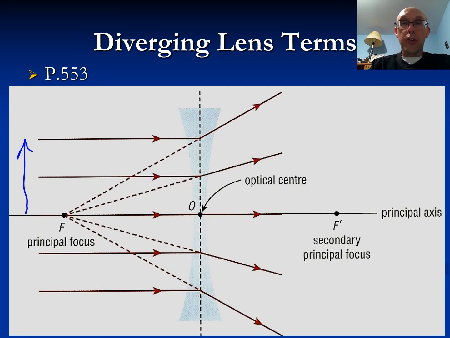They diverge this time, so they spread out, moving away from the principal axis, and we will find these ray extensions going off to the left to where the principal focus is, and then on the opposite side we'll find our secondary principal focus, and that defines where the focal point and secondary focus are. Optical center is right in the middle of the lens. That gives us all of our new terms, and we will be having a look at how we use these to locate images in class. Thanks for watching.